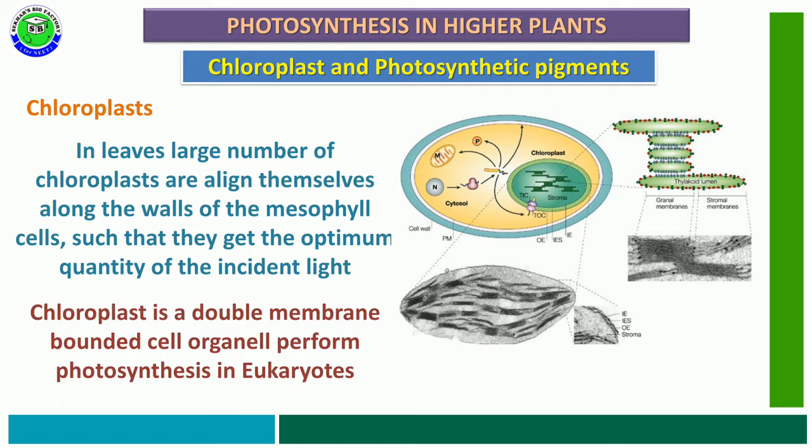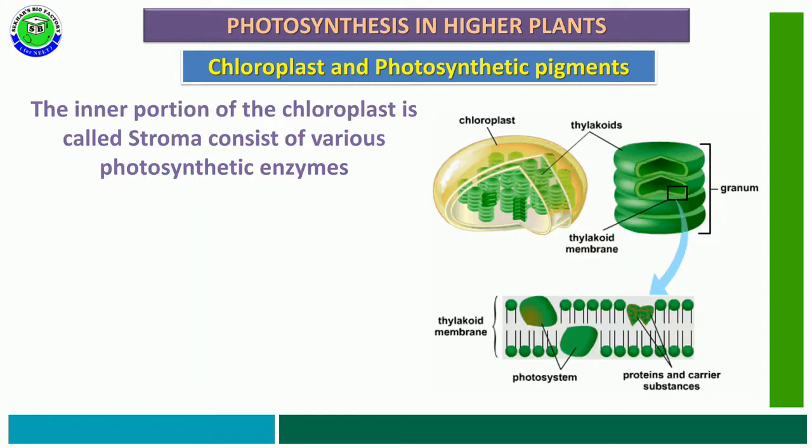And chloroplast is a double membrane bounded cell organelle and consists of an outer membrane and an inner membrane, and the small space in between the outer and inner membrane is called the periplastidial space. This chloroplast is useful to perform photosynthesis in eukaryotes.